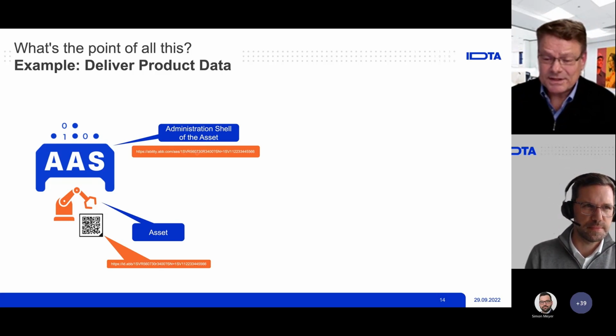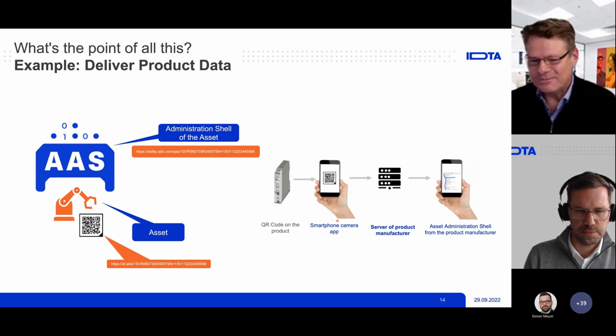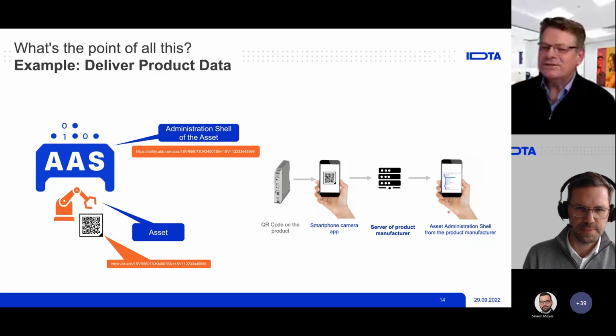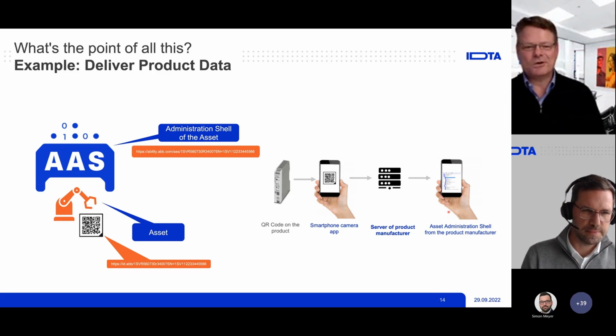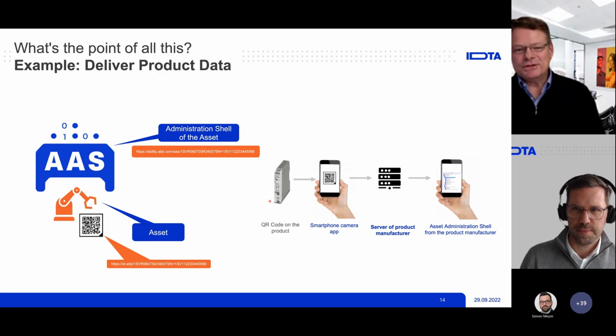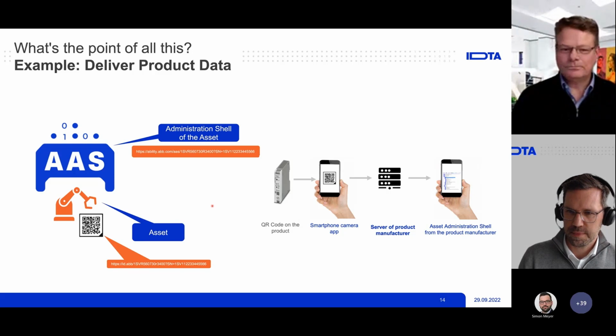So if you follow this internet address, we can now play this deliver product data game. So you scan the QR code of the product with your normal smartphone camera app. The ID there takes you to a server at the product manufacturer, and you receive information from the asset administration shell of that manufacturer. So this is what one simple use case looks like: delivering product data.